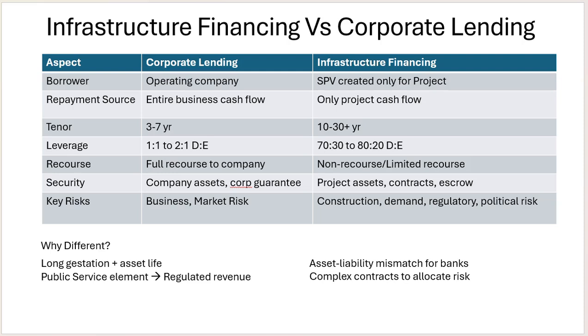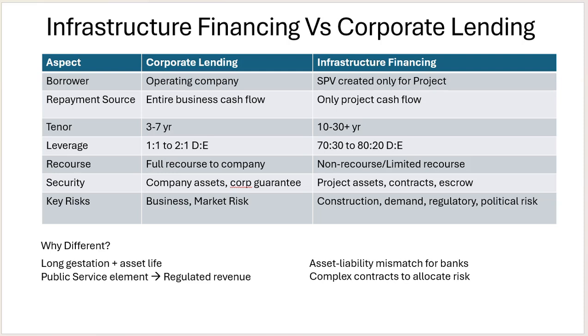In that period we don't expect to receive the interest or principal amount; the borrower will pay principal and interest only after that period. Then the leverage. The leverage ratio is lower in corporate financing compared to infrastructure financing.